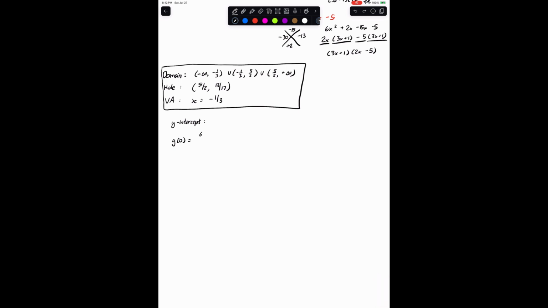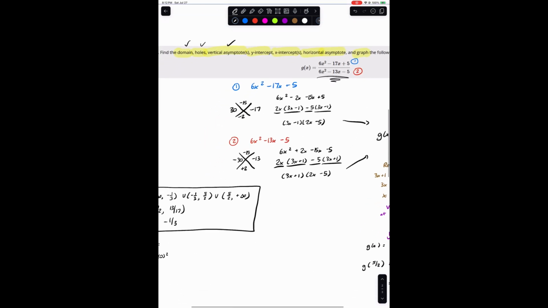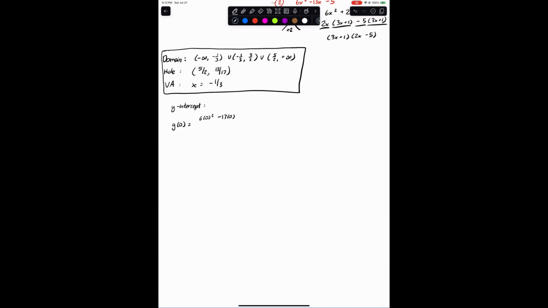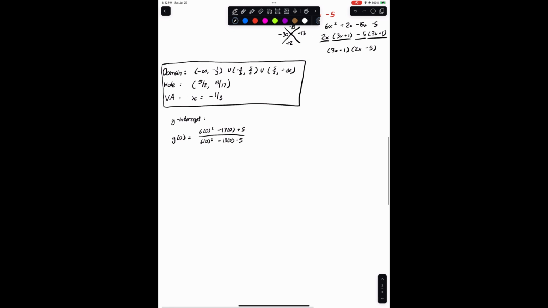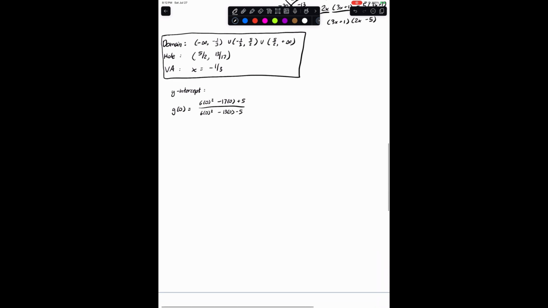So 6 times 0 squared minus 17 times 0 plus 5 over 6 times 0 squared minus 13 times 0 minus 5. Every term with x as a factor just becomes 0. So by using the original function, I get rid of these 4 terms with the zeros, and I am just left with 5 over negative 5, which is negative 1. So my y-intercept is 0, comma, negative 1.